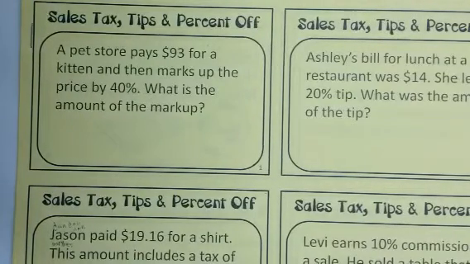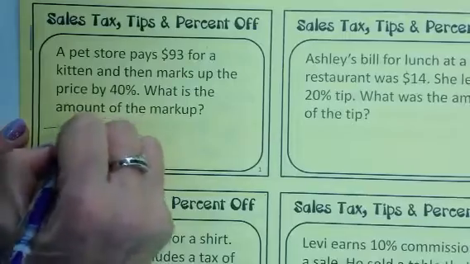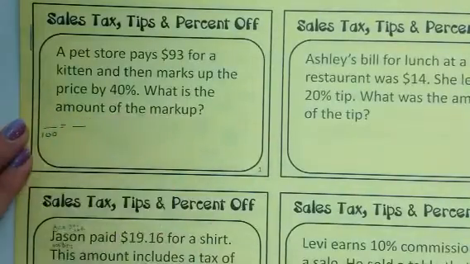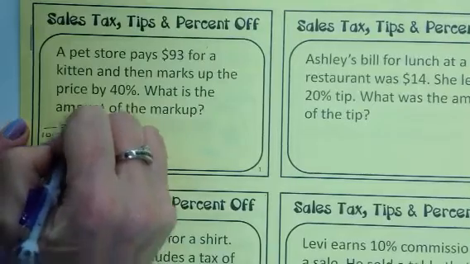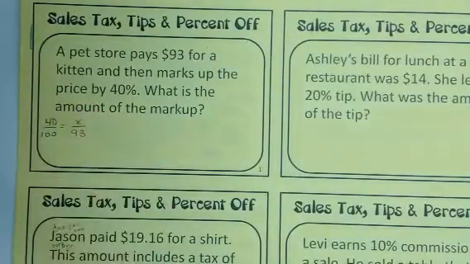So first problem says a pet store pays $93 for a kitten and then marks up the price by 40%. What is the amount of the markup? So I can use my cross multiplication with 100, and I'm doing $93 as my whole. I don't know the markup, but I know it's going to be 40%, so I can do that.